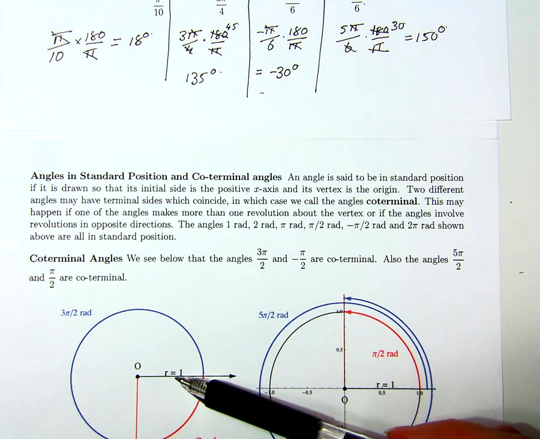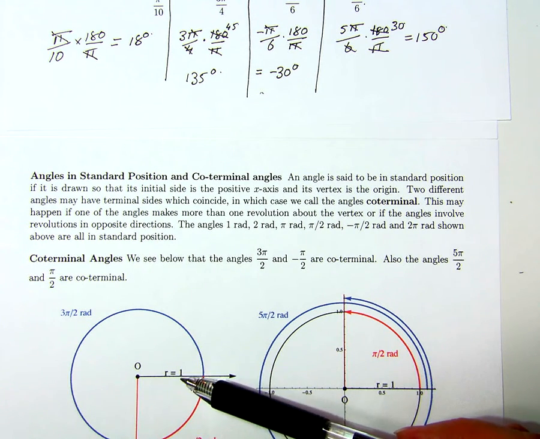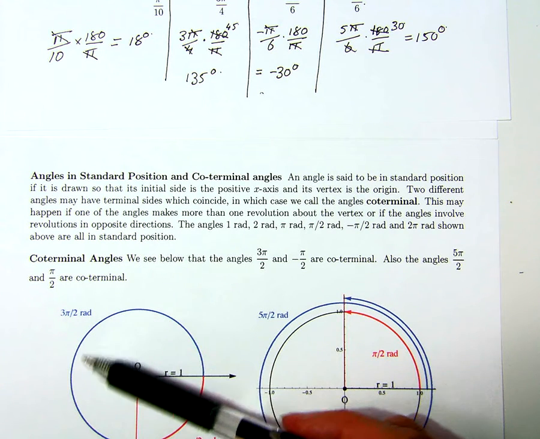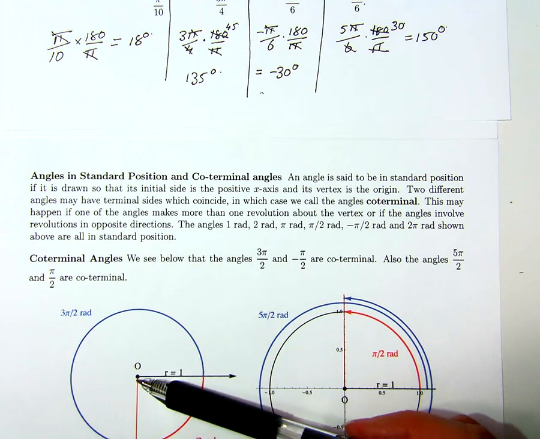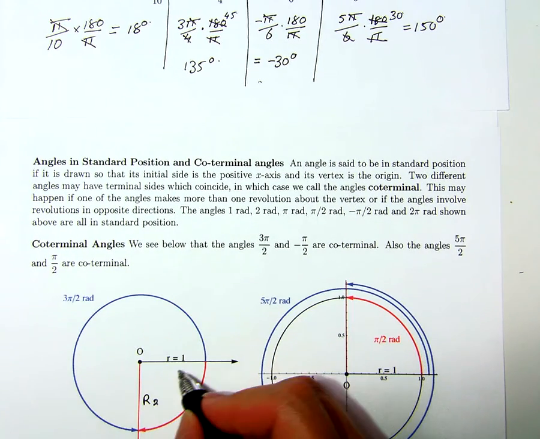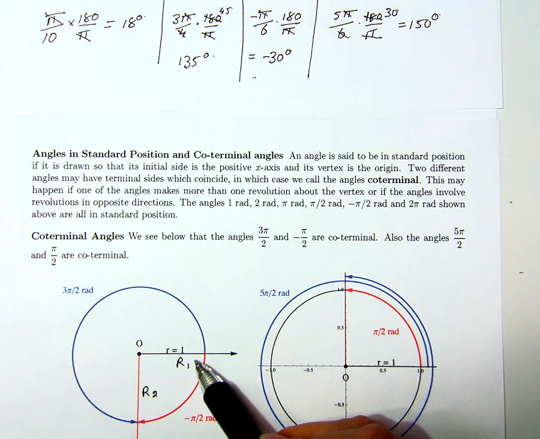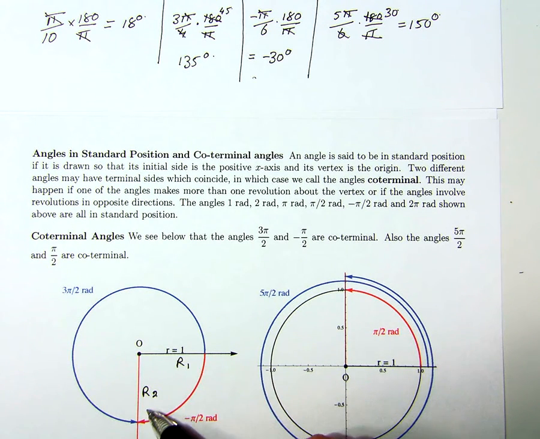And two different angles might have the same terminal side. For example, here we have 3 pi over 2 as terminal side, this red side here, that's our 2, that's our 1. It's in standard position. And also minus pi over 2 has the same terminal side.